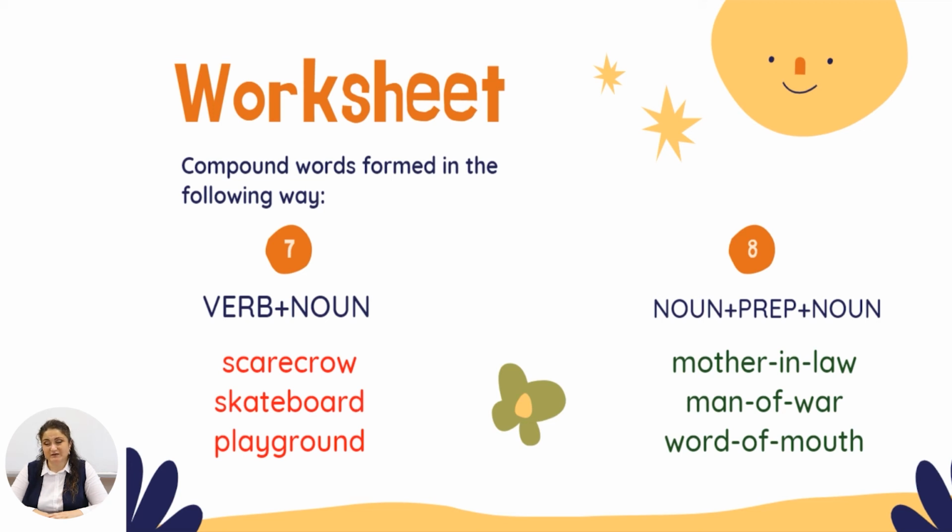And the last way is noun plus preposition plus noun, like in mother-in-law, man of war, word of mouth. Well, we know everything about the ways of forming compound words. It's time for us to practice.